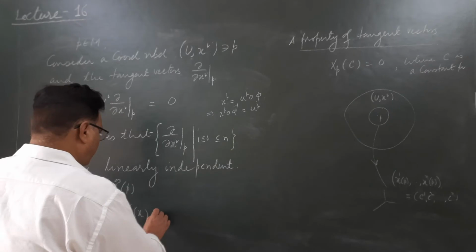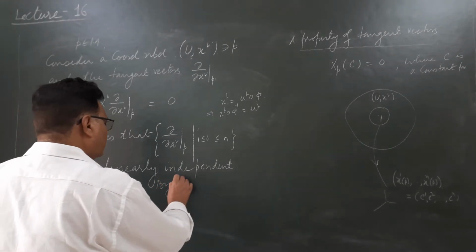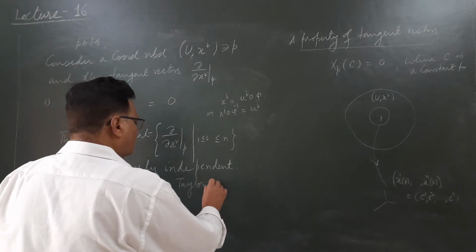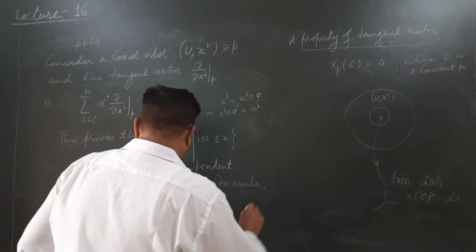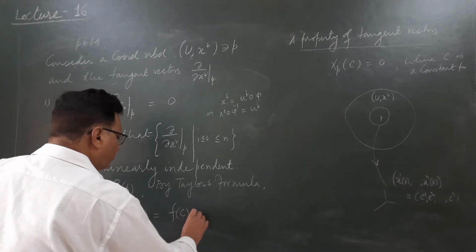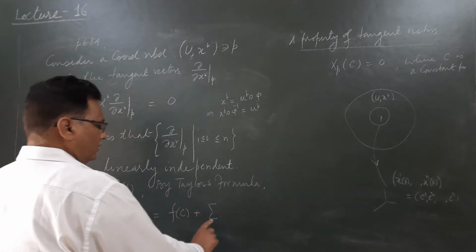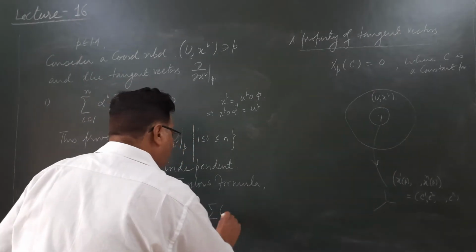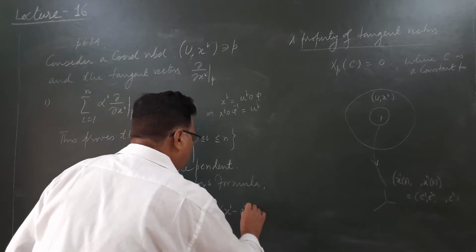So it will be by Taylor's formula, I can write down f of x equal to f of c plus summation. I will write down the first order partial derivative with the difference. Difference will be xi minus ci.